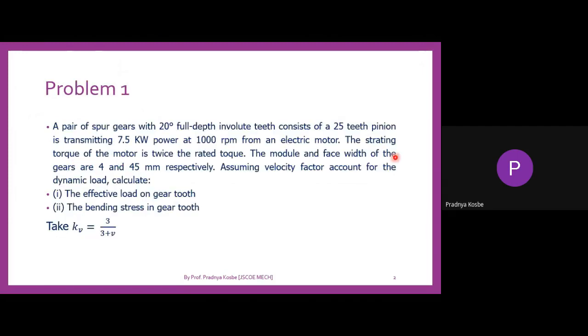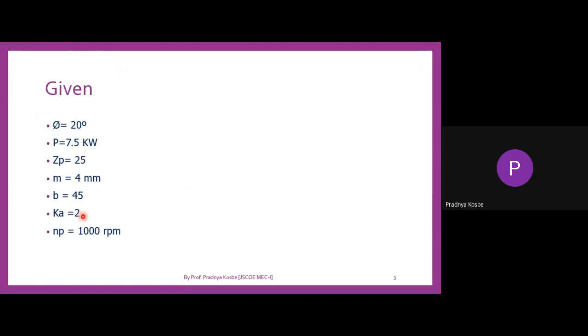In case of a motor, the starting torque of the motor is twice the rated torque. So application factor or service factor in case of motor is starting torque divided by rated torque, and it is twice. So K equal to 2. Speed of pinion is 1000 rpm. Okay, so now we'll start solving the problem.